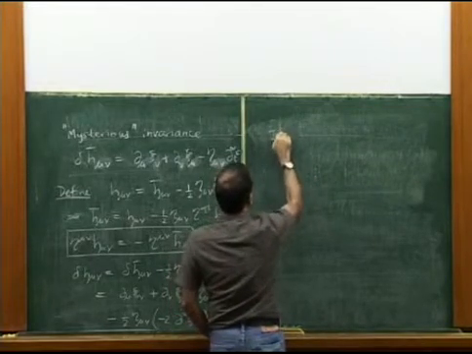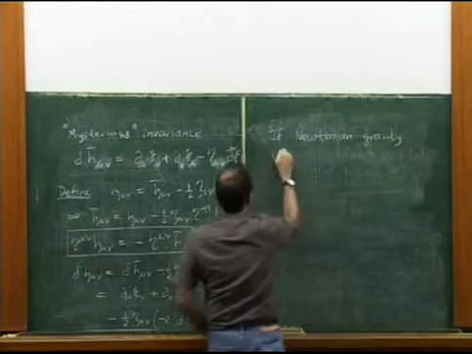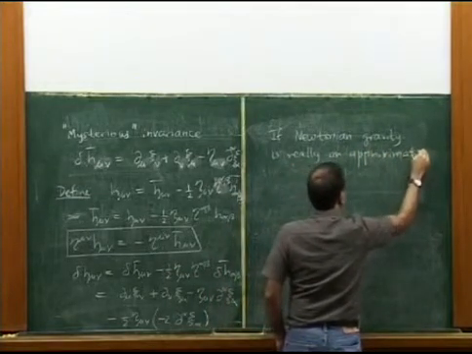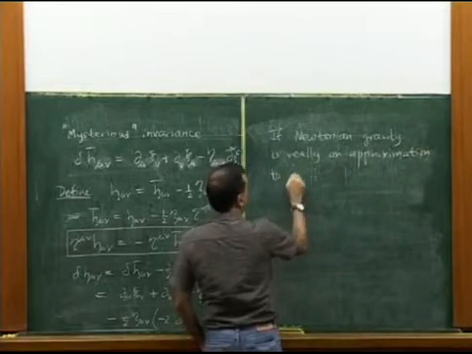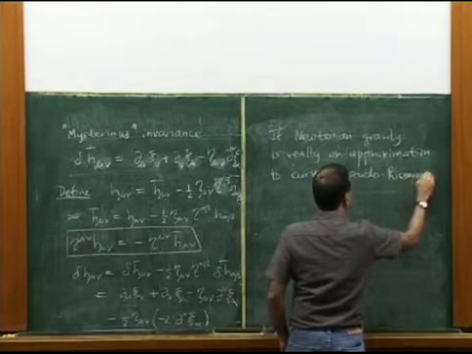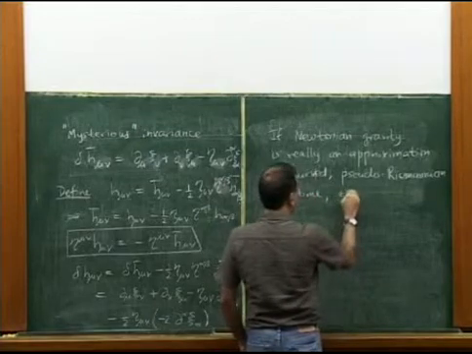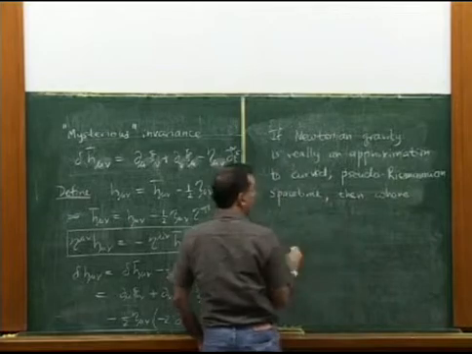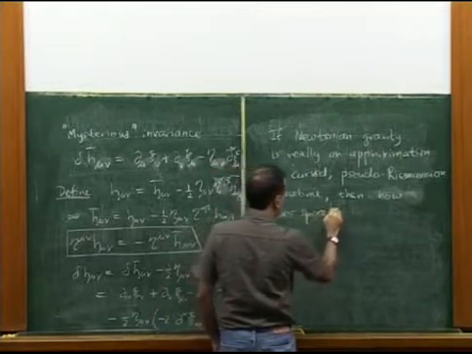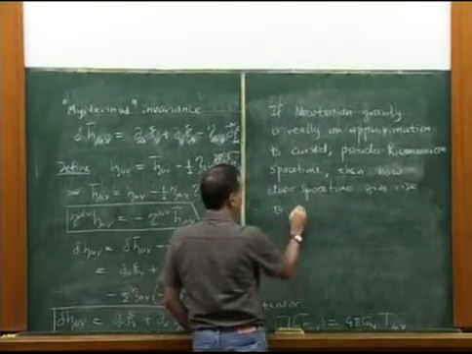So here's the question: if Newtonian gravity is really, as I'm claiming, an approximation to curved pseudo-Riemannian spacetime, then how does spacetime give rise in some intuitive way to Newton's equation?